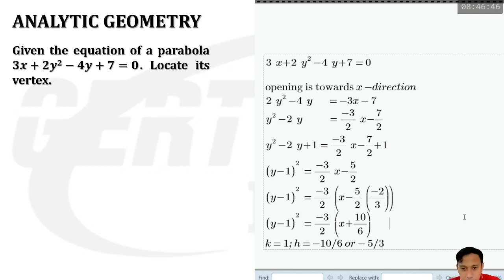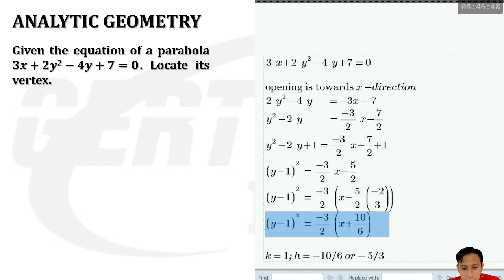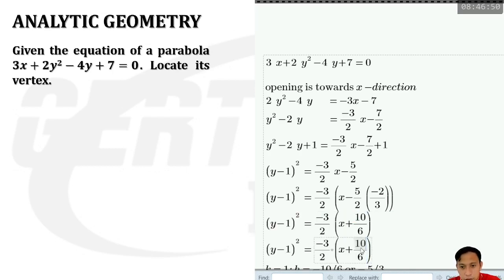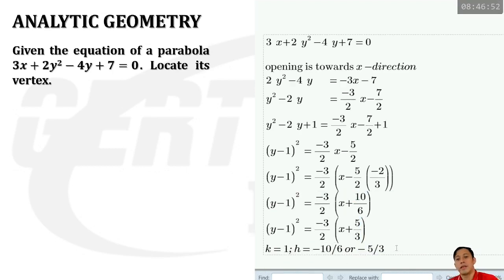So h is negative 5/3. Okay ba? That's it, kasi vertex na yung pinapahanap eh. Vertex lang.